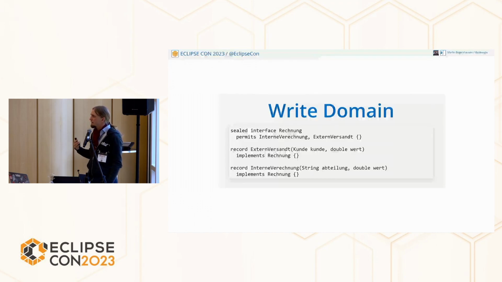We have a Kunde and a Wert, and that's the only data this record carries. There's nothing more, nothing less. We could define extra methods, but we said just technical methods and no business methods, so I don't define methods here. toString, hashCode and equals are generated automatically. Also accessors for Kunde and Wert and every other component we define here.